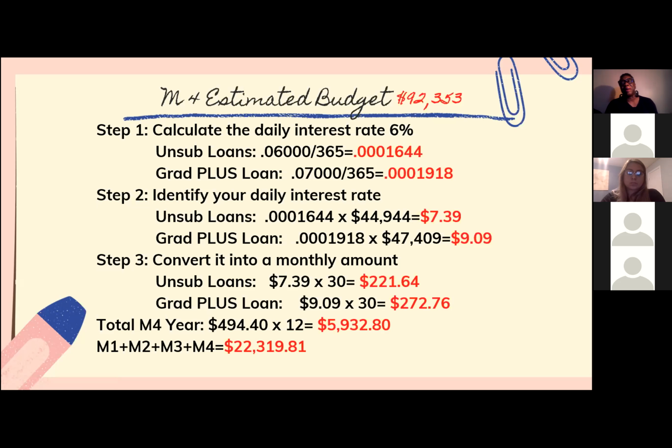What happens is there is an interest rate, which for this M4 budget is 6%. And then there is a processing fee that the servicer charges to process the loan. Typically that processing fee is like 1.06 or something like that, and it changes every October 1st.